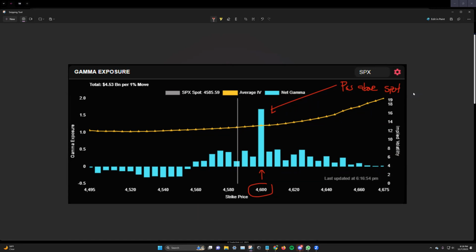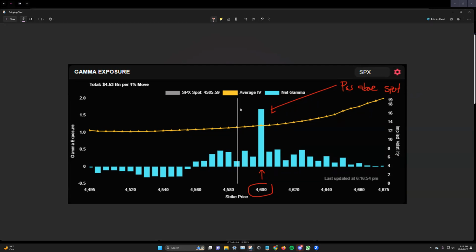Keep in mind, dealers are not the only people in the market, right? You have bigger institutions. You have multiple institutions trading at certain levels. So when I see a positive gamma exposure bar above spot, what do I think? Okay, dealers are going to be trading against institutions, right?